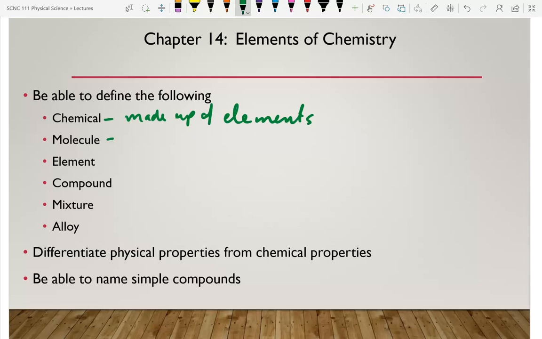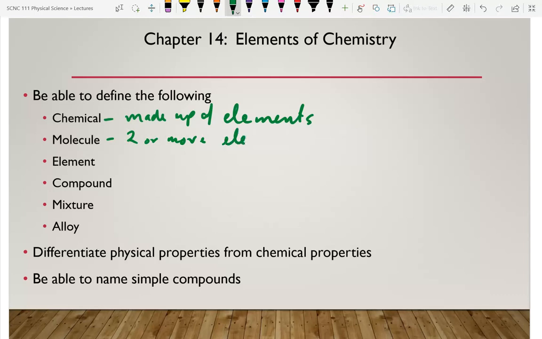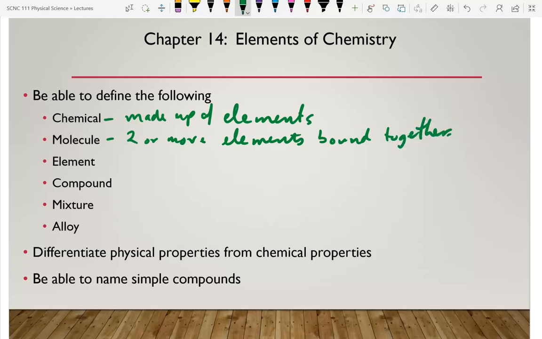Molecule. What's a molecule? Two or more elements bound together. So we've had plenty of examples of those. Carbon dioxide would be an example of a molecule. Element. Well, I've used element in both of my answers above. Maybe I should have had that first.